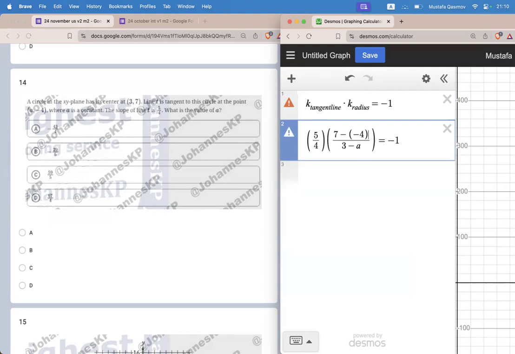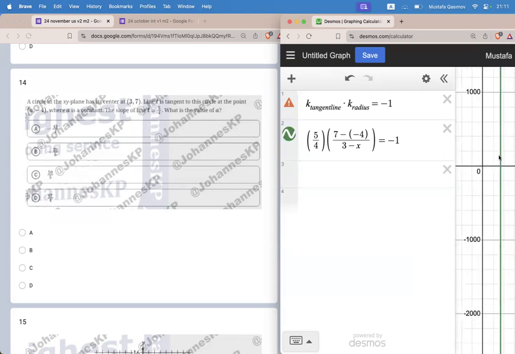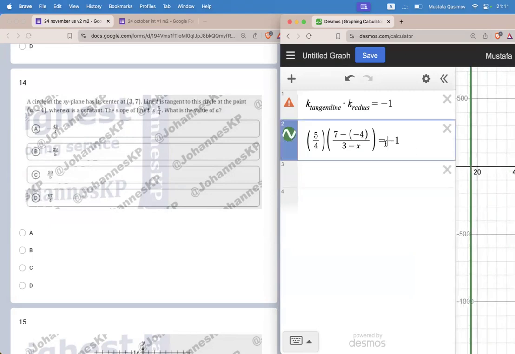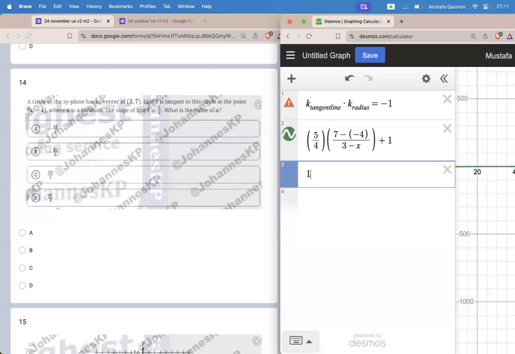We can write x instead of a, and then calculate it. The answer is 16.75, which is equal to 67 over 4, so the answer is D.